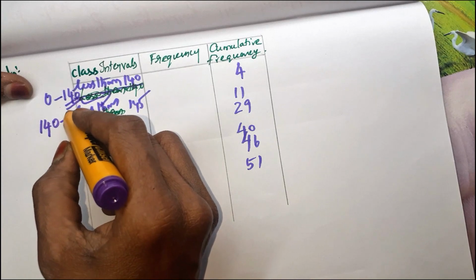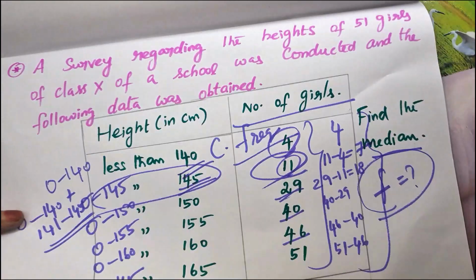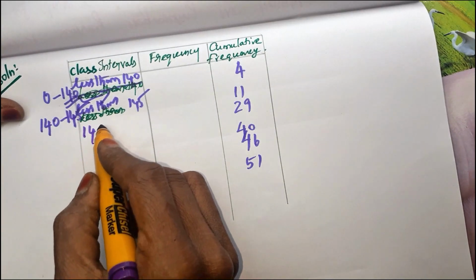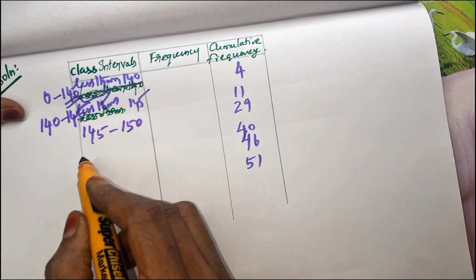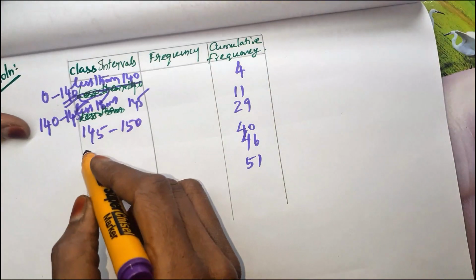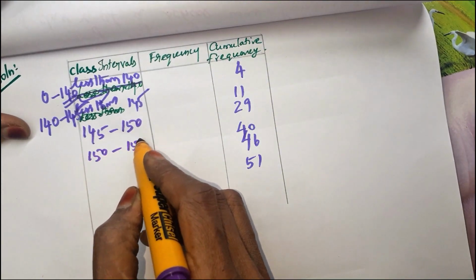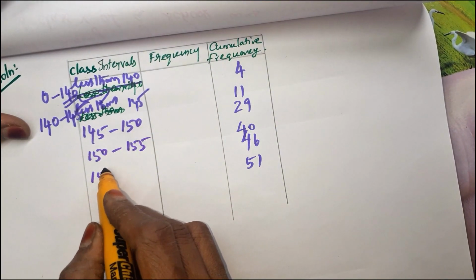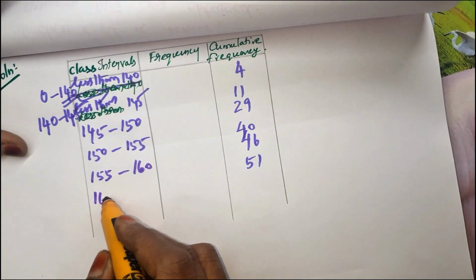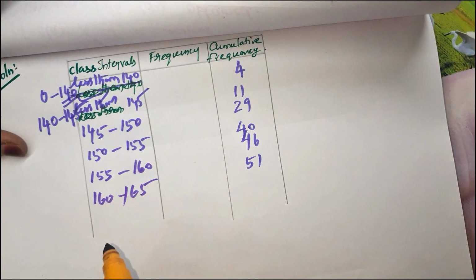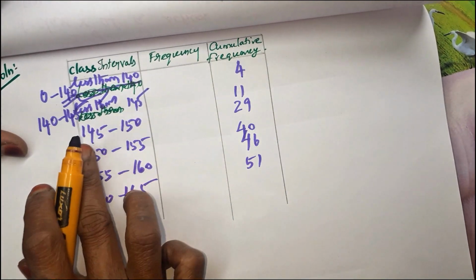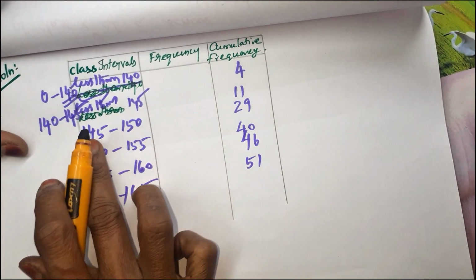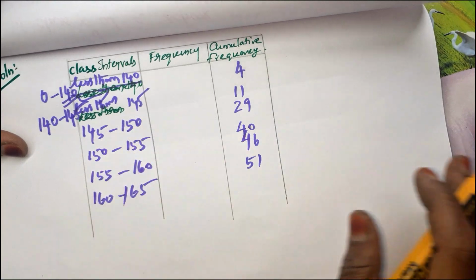So 140 to 145. The third one is up to 150, so from 145 to 150. Then 150 to 155, 155 to 160, then 160 to 165. Like that we have to write with the lower limit and the upper limit. Is it clear?